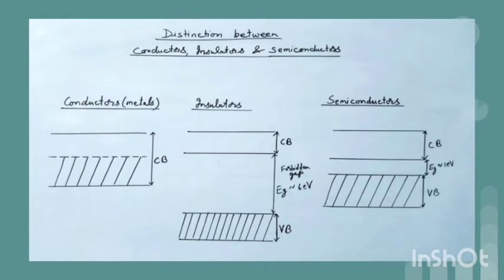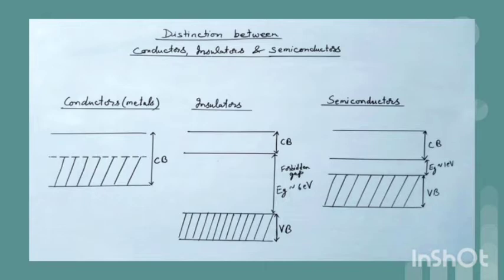In metals, the conduction band is partially filled and there is a large number of free electrons, which after gaining even a little energy from outside, begin to flow through the metals. Hence, the conductivity of metal or conductor is very high. In conductors, there is no band gap and the two bands overlap each other.